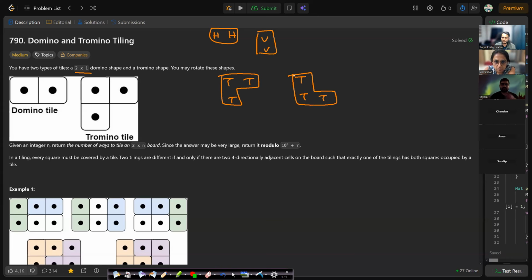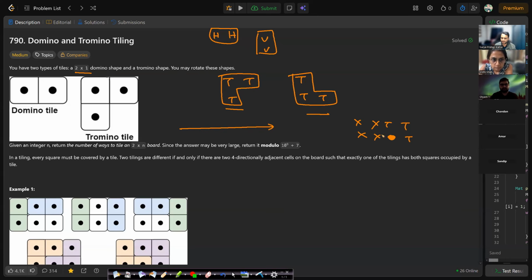I will use only these two shapes because I will be filling the tiles from left to right. If you are filling from left to right and you don't want gaps in the middle somewhere, then you will only be using these two shapes. Because otherwise, let's assume you have filled these, and if you happen to make something like this here, then there will be a gap here, right? I don't want any gaps in the middle because this is about full tiling.